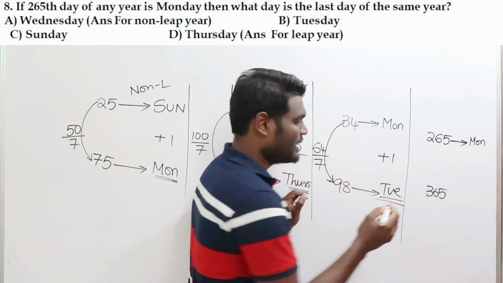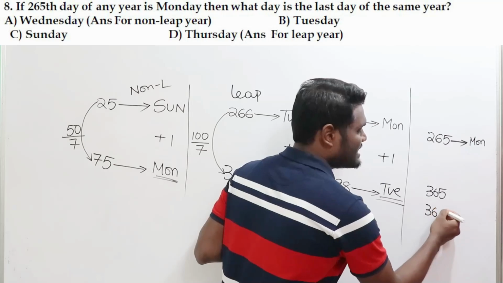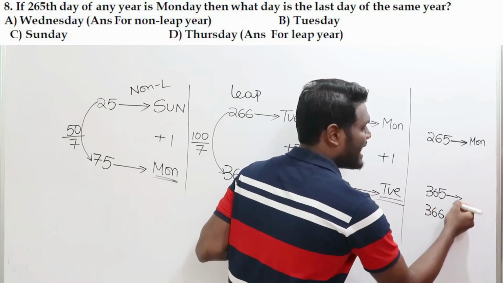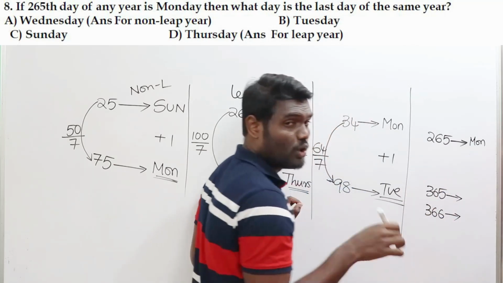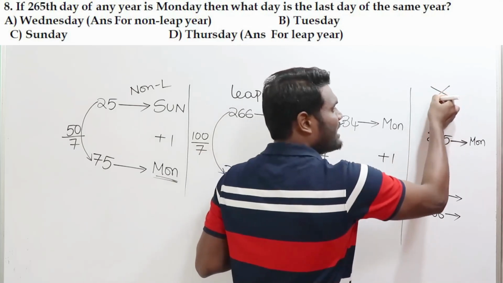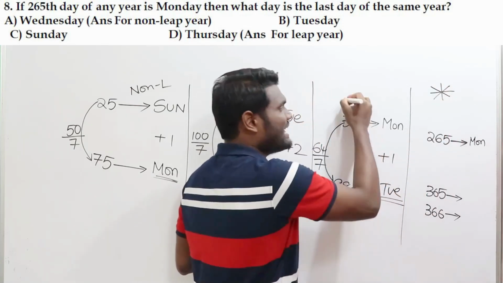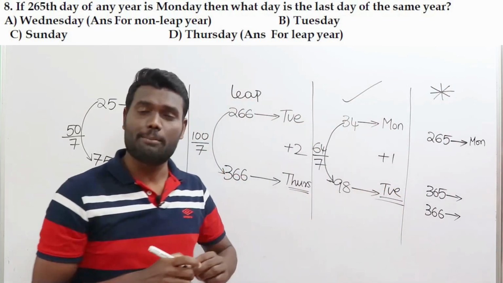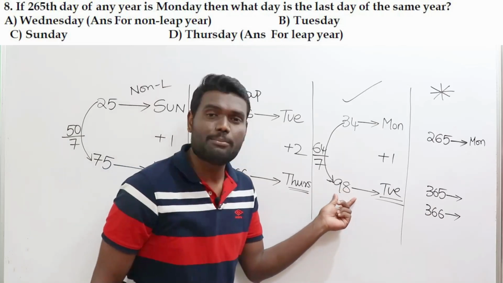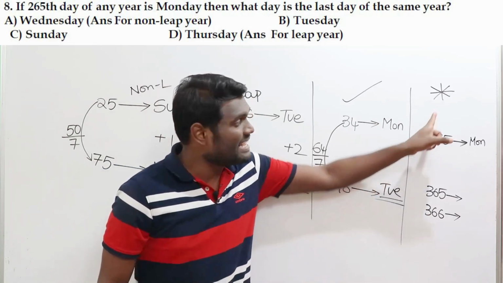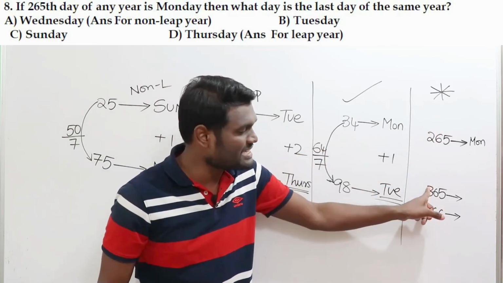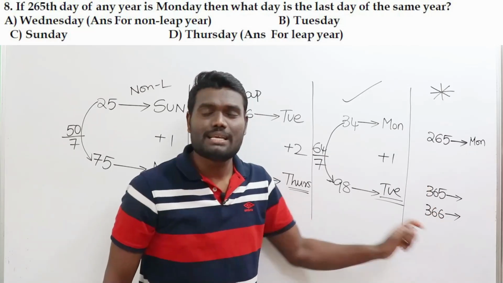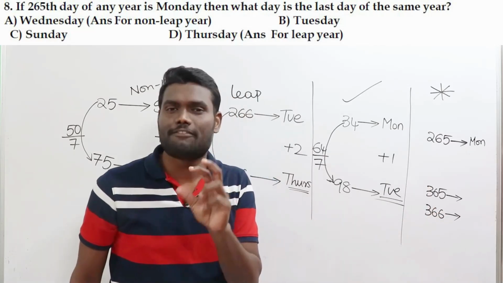If it is a leap year, the last day will be the 366th day, which means my answer is going to differ. In the previous example it was not important, because the question was about the 98th day, but here it is important, because the question is about the last day. As the question is about the last day, now you are going to get a different answer.